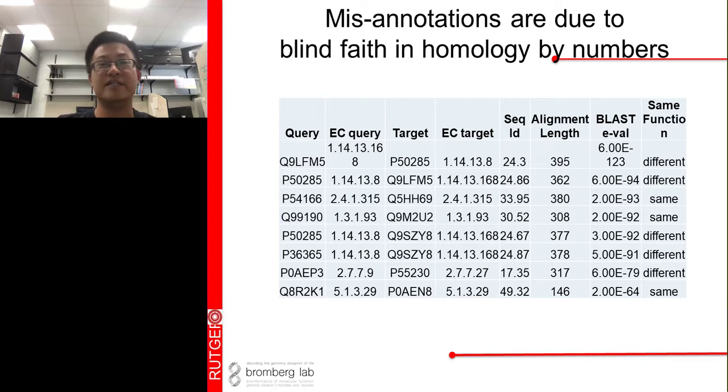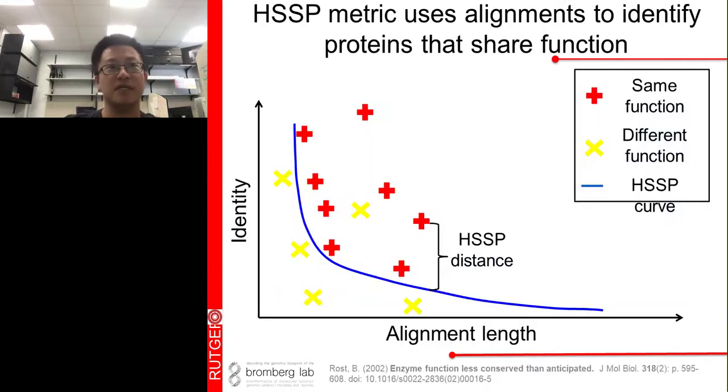So is there another, more reliable way to measure whether two proteins are of the same function? Yes, there is. This was developed by the advisor of my advisor, Dr. Burkhard Rost, in 2002. He established the so-called HSSP metric.